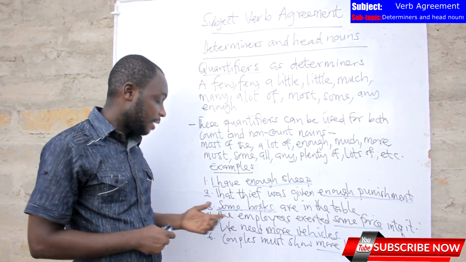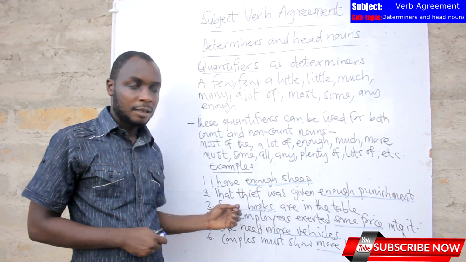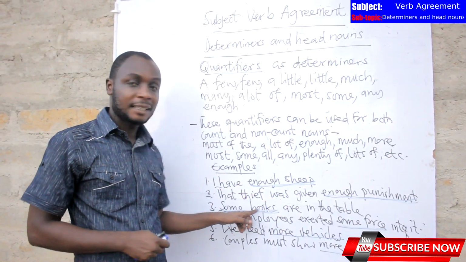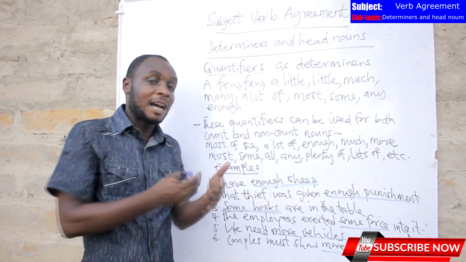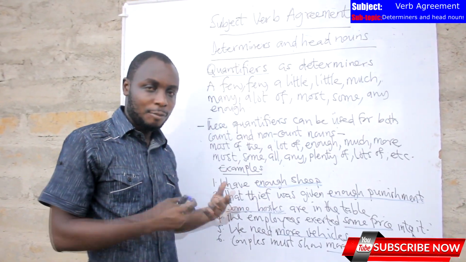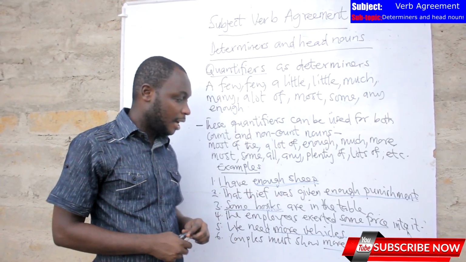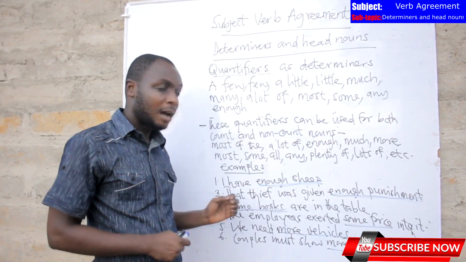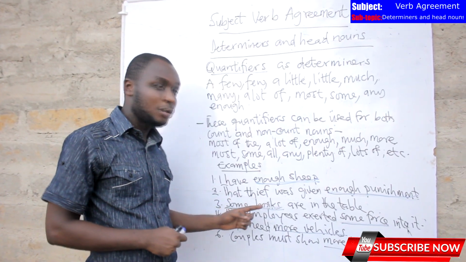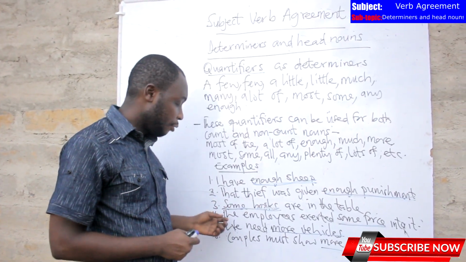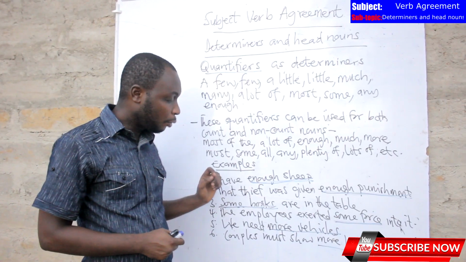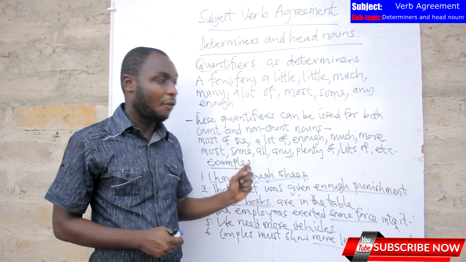And then we have some books. Books here is a count noun. That means that we can count them. Some books are on the table. That means the books can be counted. And then we also have, the employees exerted some force.